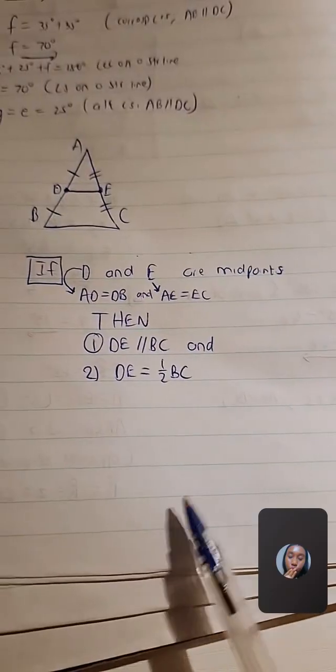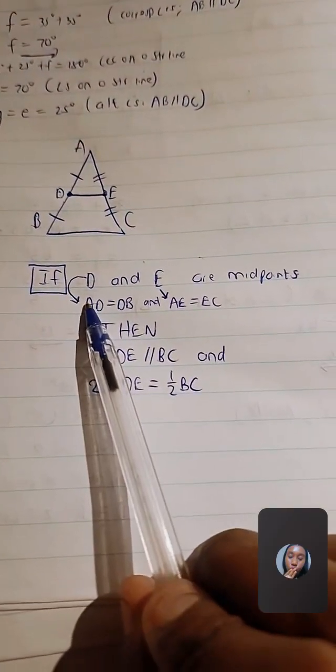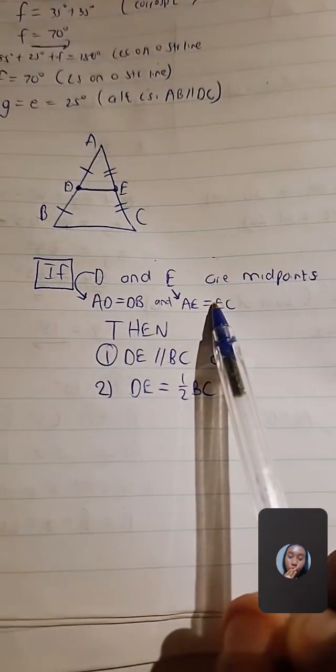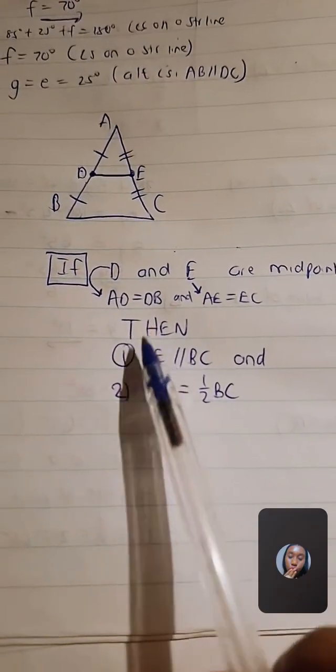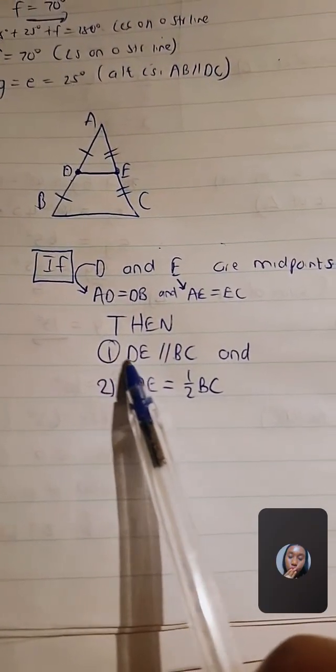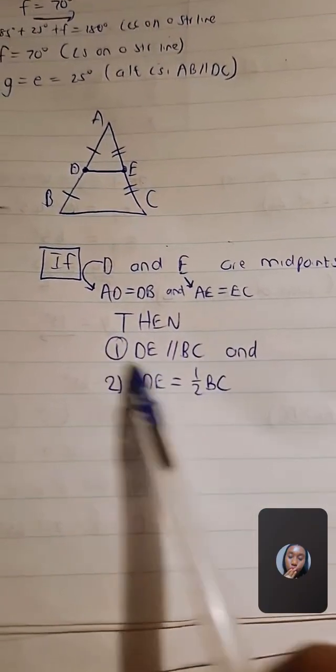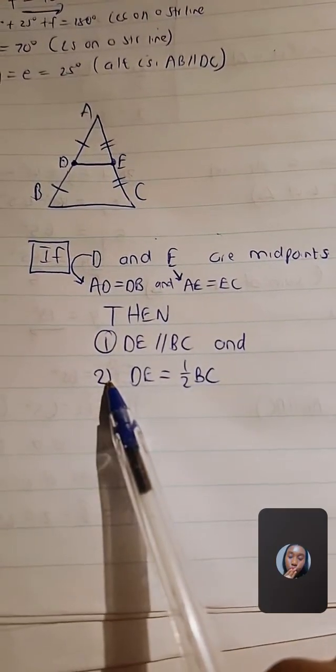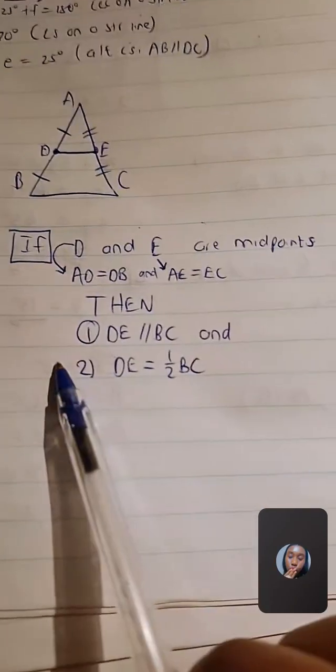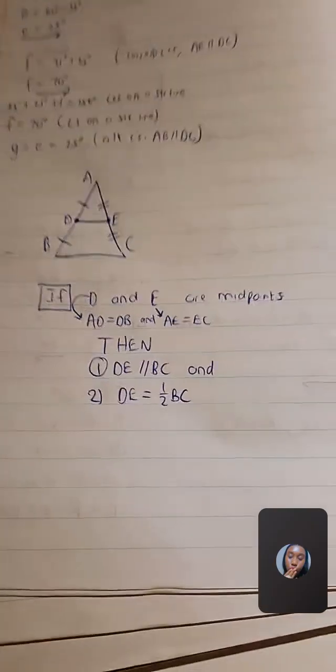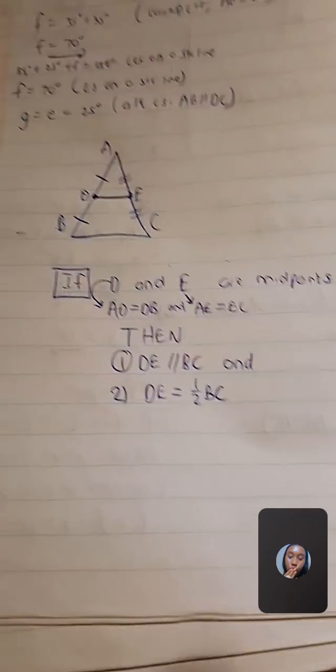Hey guys, if you are honest and you are beautiful, then one, I'll give you R1 million. Two, I will marry you. All right.